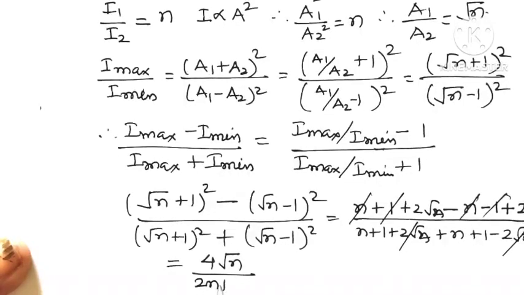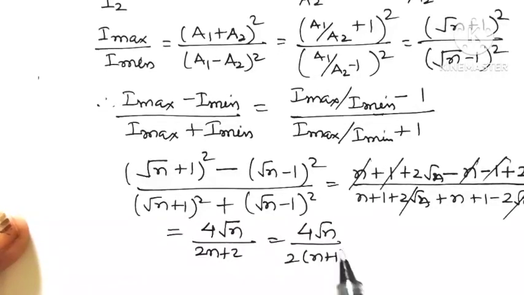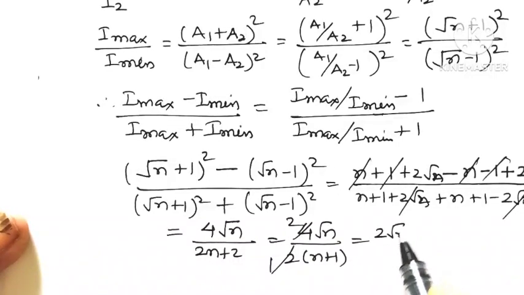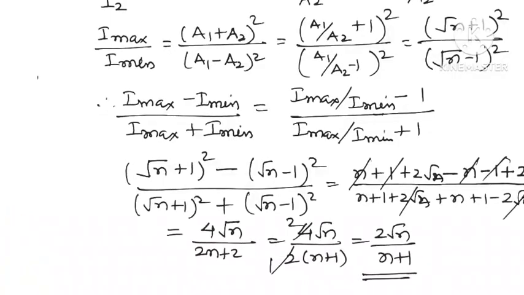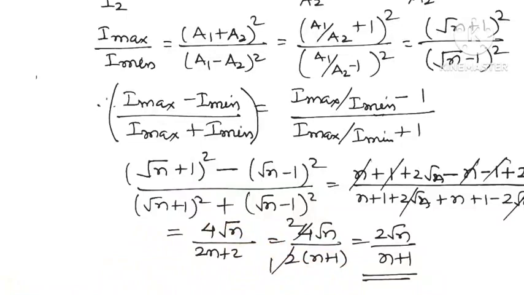That is 4 root n divided by 2 common, n plus 1, so that is equal to 2 root n divided by n plus 1. So Imax minus I minimum upon Imax plus I minimum is 2 root n upon n plus 1.